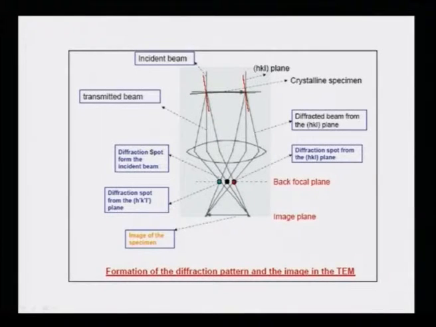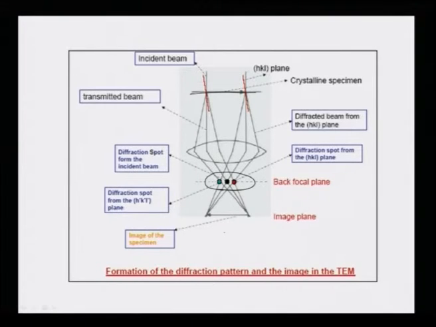Let me just show you how the electron diffraction pattern forms. As I said, if I have an object here, the objective lens focuses all the diffracted beams into the back focal plane, and that is how we get diffraction spots when we image or focus the diffraction spots on the image plane.